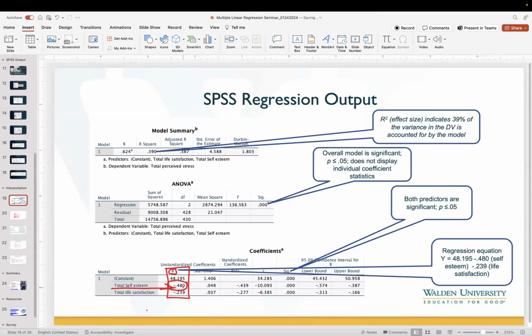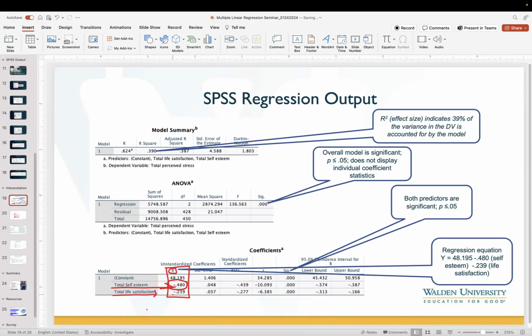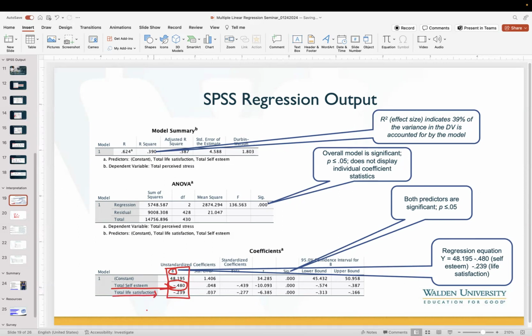So doesn't that make sense? Let's look at satisfaction, the same thing. What that's saying is that for every 1 unit increase in total life satisfaction, there will be a decrease in the dependent variable by 0.239. Does everybody see that?